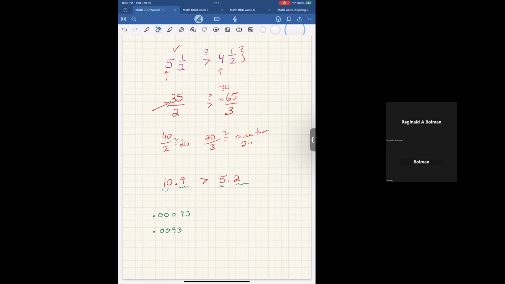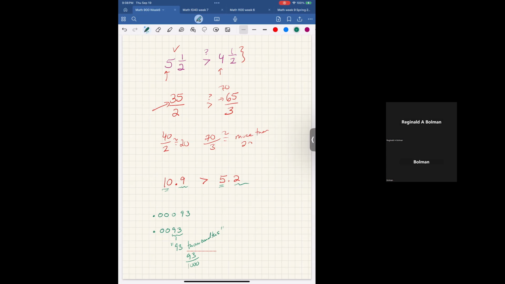So for this instance here, we're at the tens, hundreds, thousands place. So we would say that this is 93 thousandths. Okay, and that would literally represent 93 divided by 1,000.